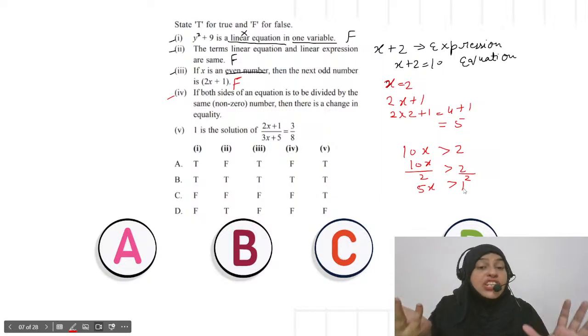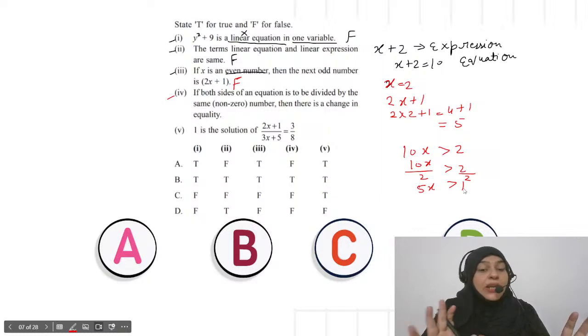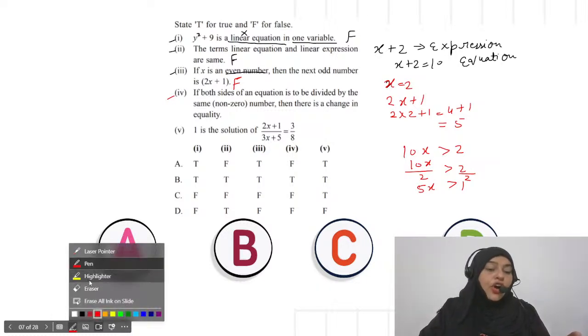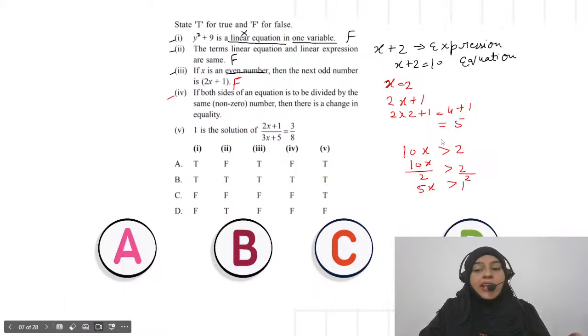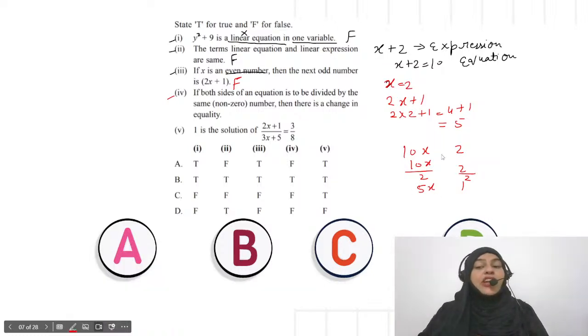There is no change in inequality. Always remember that equality will not be changed. Whether you are talking about equality or inequality, in both cases the answer will remain same: if you are dividing with the same number, it will not be changed.